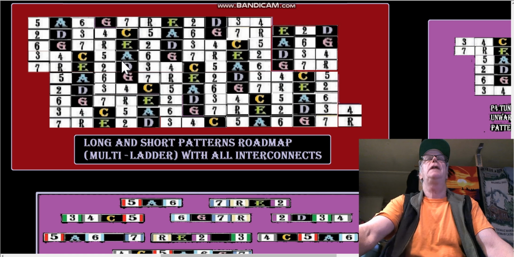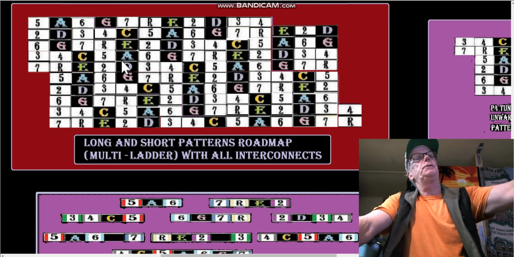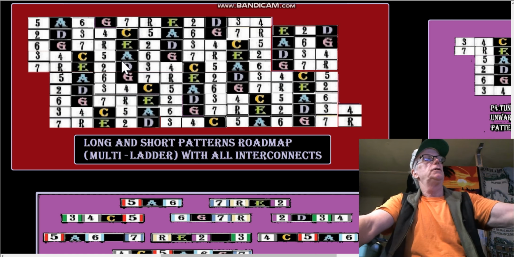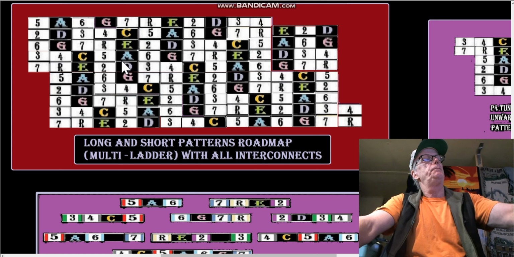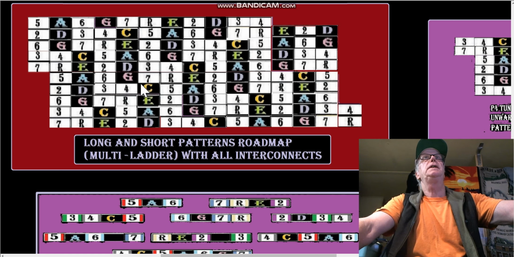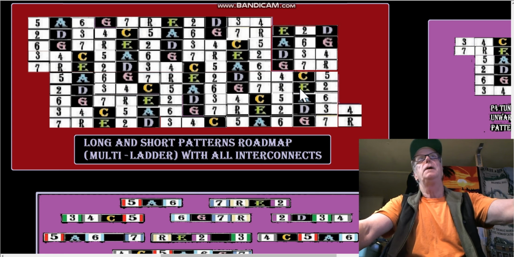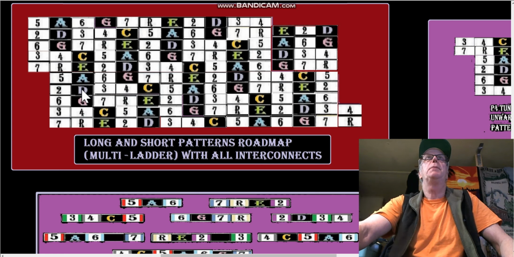When you're going to the left, you're going the opposite of the word CAGED, which is C A G E D. When you're going the other way, you go D C A G E, which is an ascending pentatonic scale.